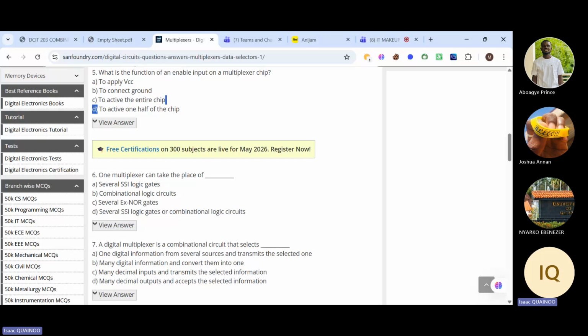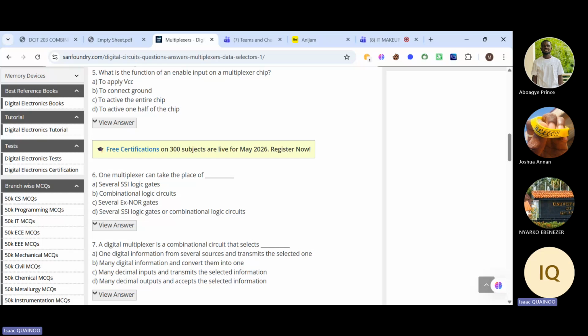I think when it comes to enable, we've not really talked about that. In fact, the slide hasn't really addressed the enable. But when you get to sequential circuits, we are going to really see how an enable input works. That's when you get to gated latches. When you get to gated latches, you will understand that an enable input can be used to regulate an entire latch.